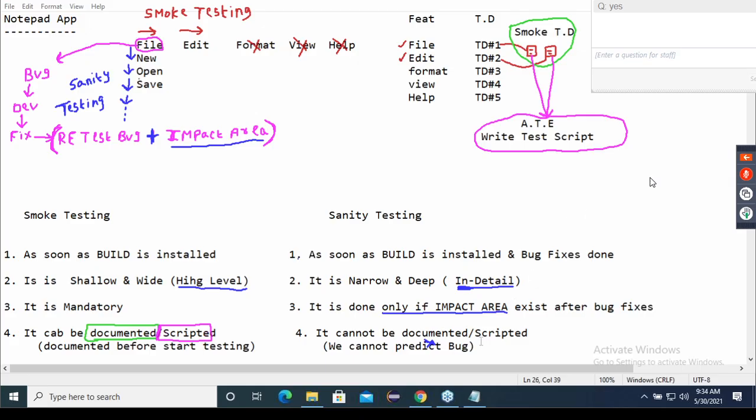When it cannot be documented, there is no concept of script at all. Remember that point. I cannot predict the bug, so how can you tell the automation test engineer to keep it ready? But if you take smoke testing, the automation test engineer keeps the script ready for these two. Whenever the build is installed, you test it. So obviously the answer is no.